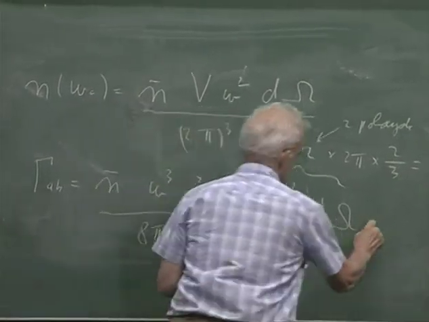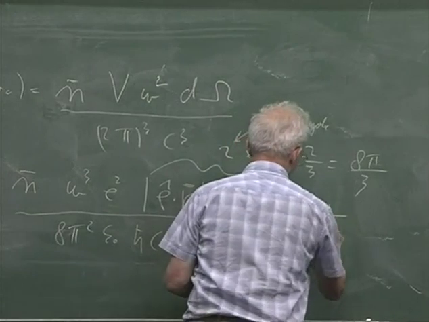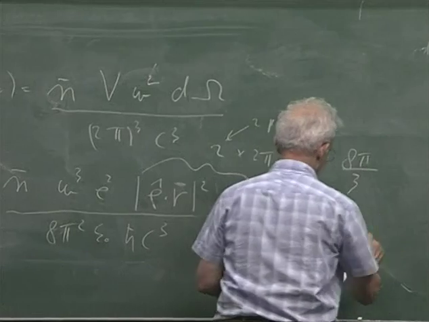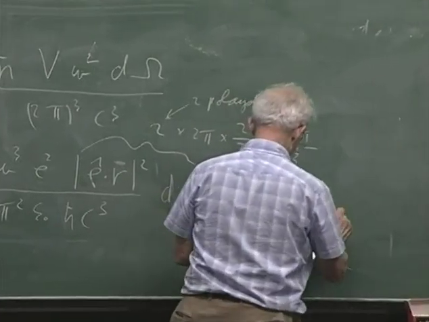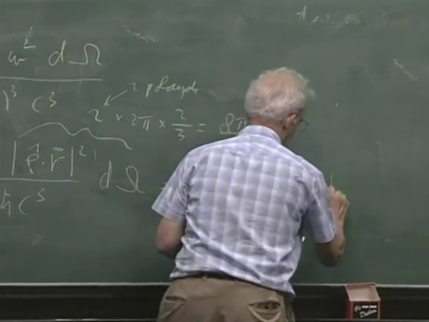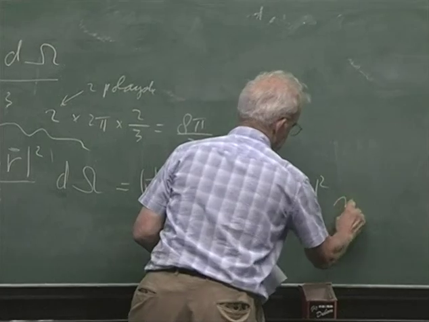So when this is all put together, you get 1 over 4 pi epsilon naught times 4/3 omega cubed E squared times R_BA squared times n bar.